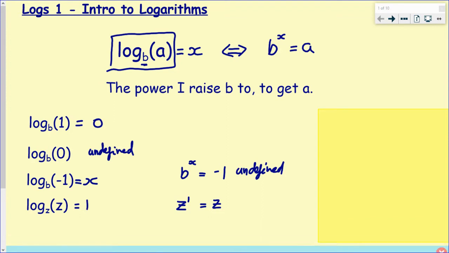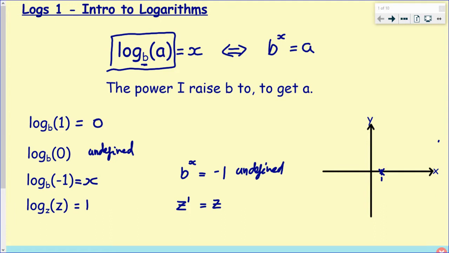And what we're starting to do is build up a picture of what logarithms are like. We know that the logarithm of 1 gives us the answer 0. That's that point there.